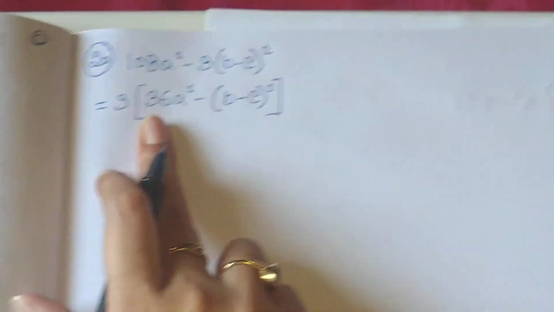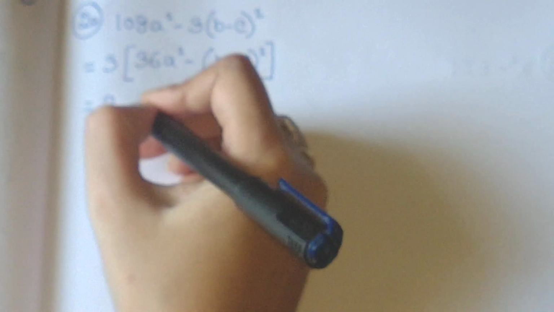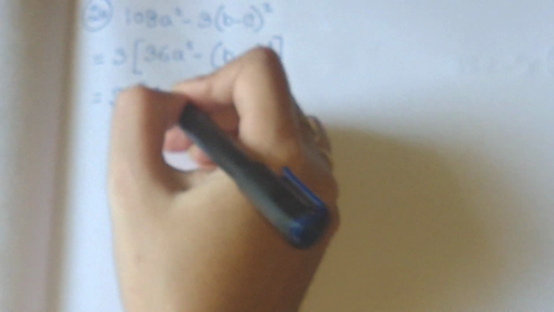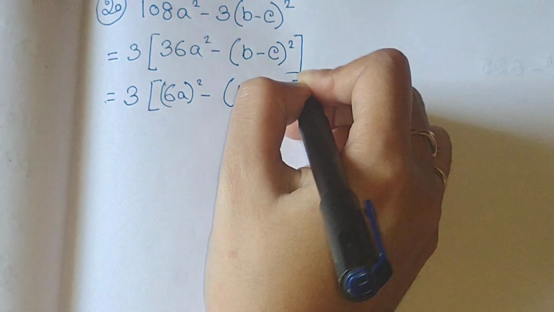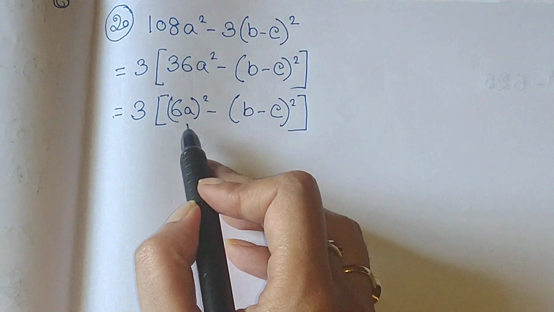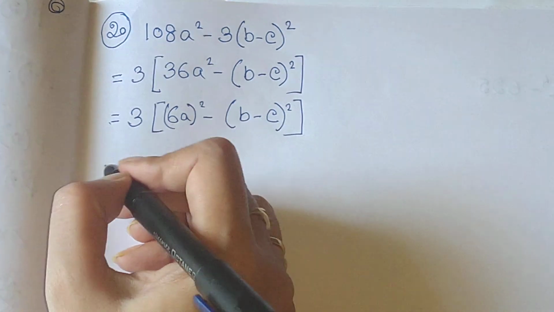As you can see, 36 is a square term, so this can be further written as 6a whole square minus of b minus c whole square. So this is your a square, this entire one is your b square.